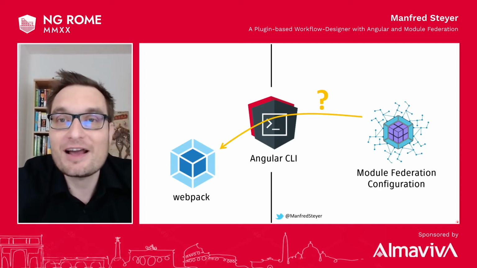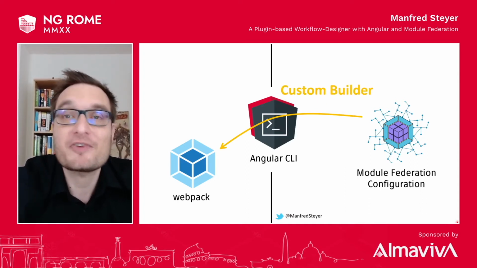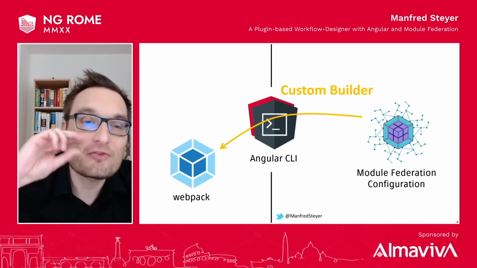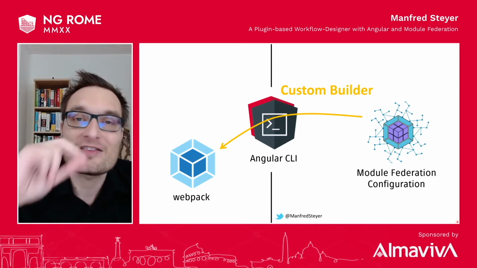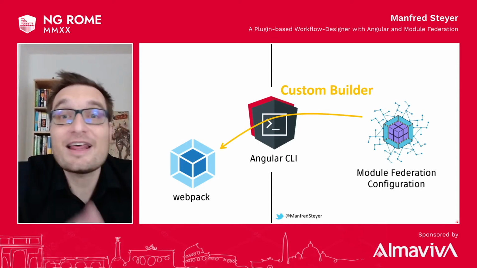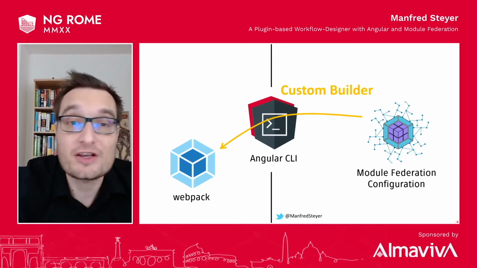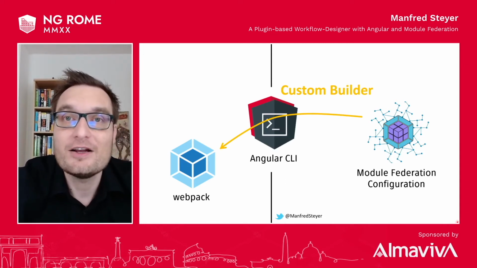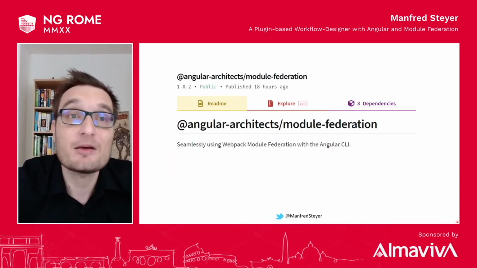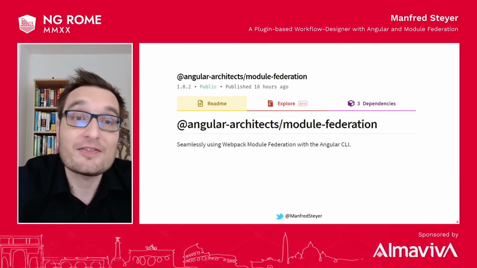Since the CLI 6, we have this concept of custom builders. So everything we need to do is to build a custom builder, which is tweaking the Webpack instance underneath the covers a bit. And besides that, it can delegate to the traditional logic of the Angular CLI, to the default builder logic. Of course, you could write such a custom builder by hand, but I've already done this.